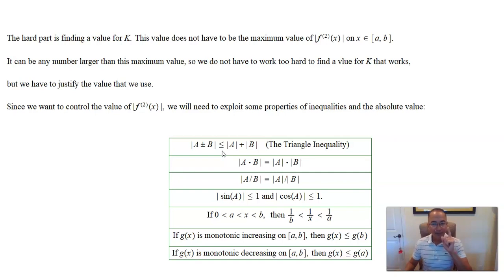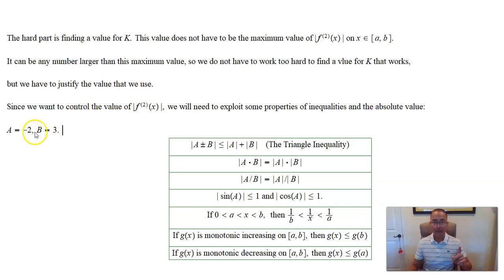The tricky part is when they're different signs. Let's demonstrate it over here. If A is negative 2 and B is positive 3, so one is negative, one is positive, if you add them together, you're going to get 1.